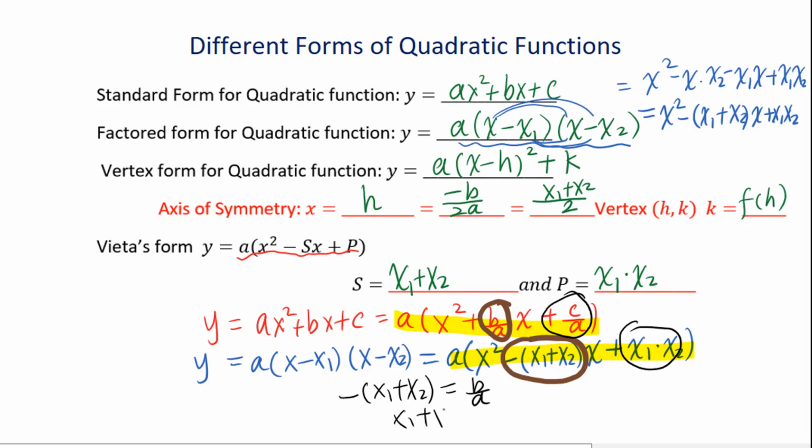So x1 plus x2 equals negative b over a, and x1 times x2 equals c over a. S stands for the sum of the roots, which equals negative b over a. The product of the roots equals c over a.